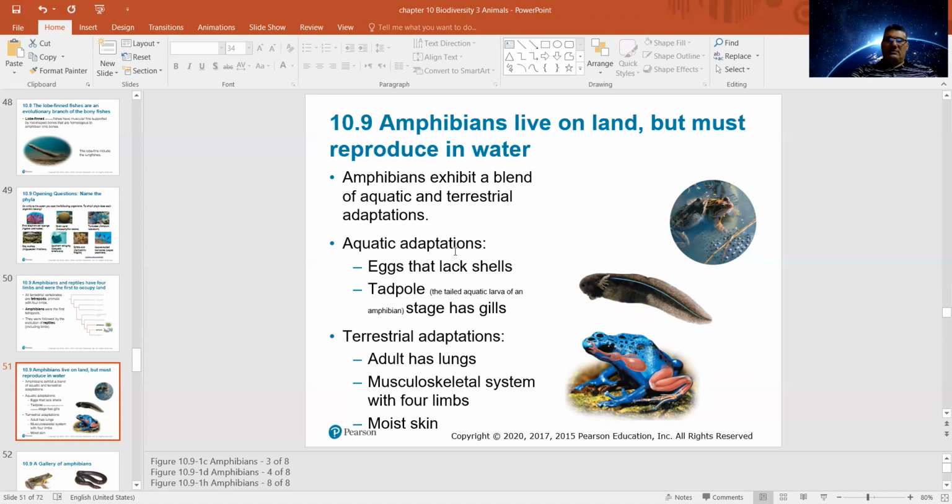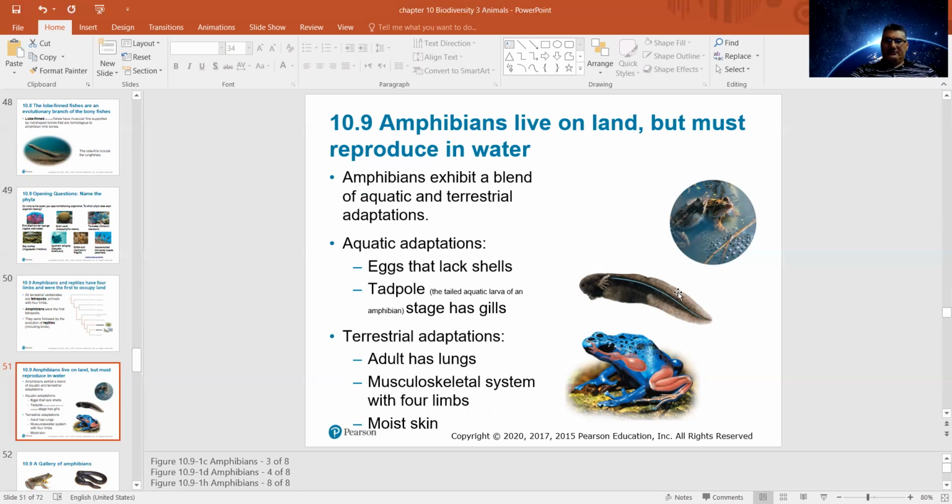Aquatic adaptation, what makes them stay in the water? Their eggs can stay in the water. They don't have shells. They have the tadpole. A tadpole is a tailed aquatic larva of an amphibian.